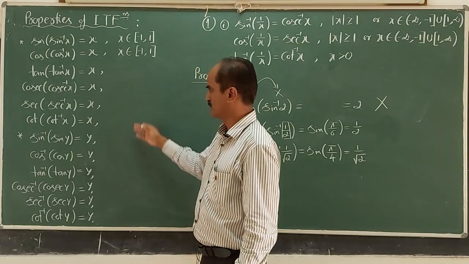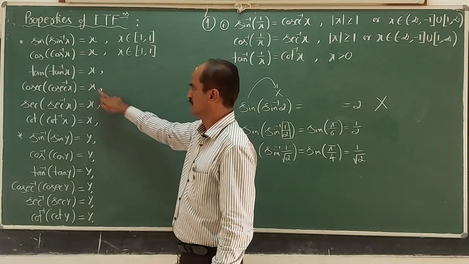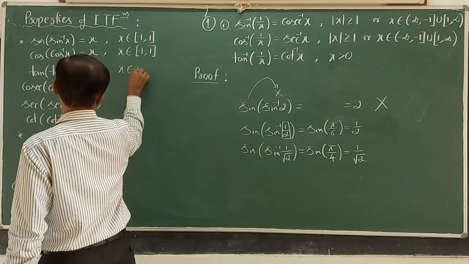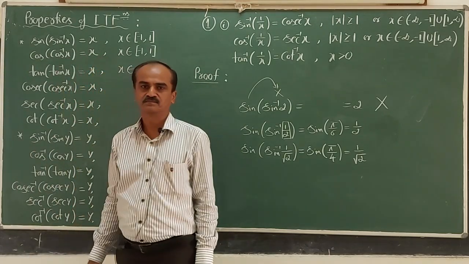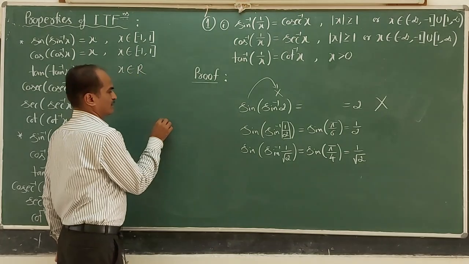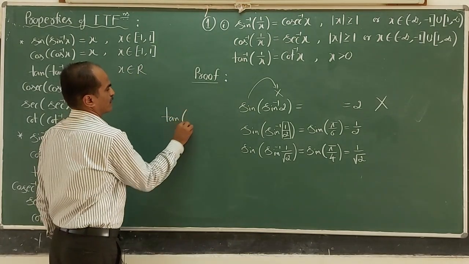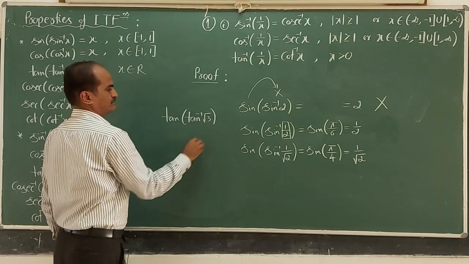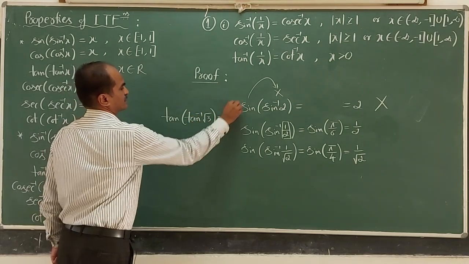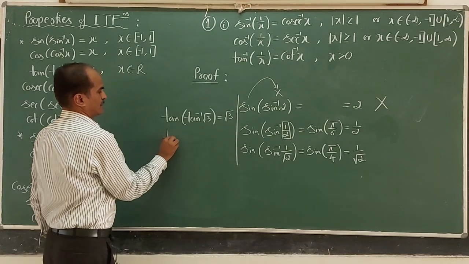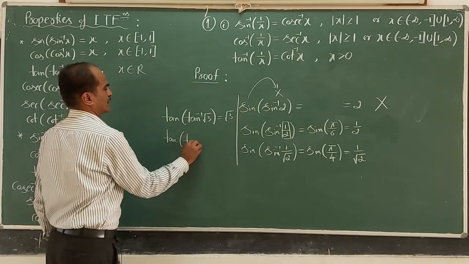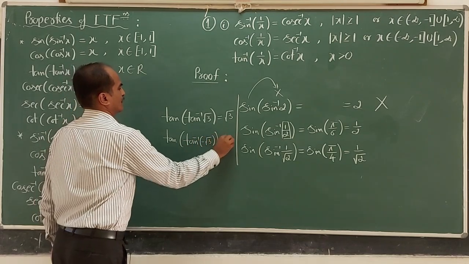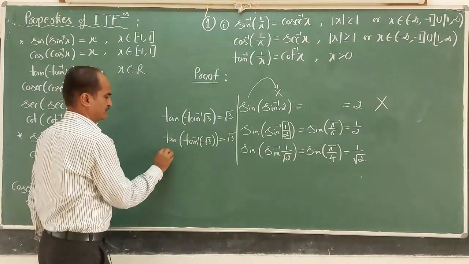I hope now you will be able to write this: tan of tan inverse x equal to x whenever x belongs to any real number. Now, if I write tan of tan inverse root 3, it is equal to root 3. I can write tan of tan inverse of minus root 3 as minus root 3.